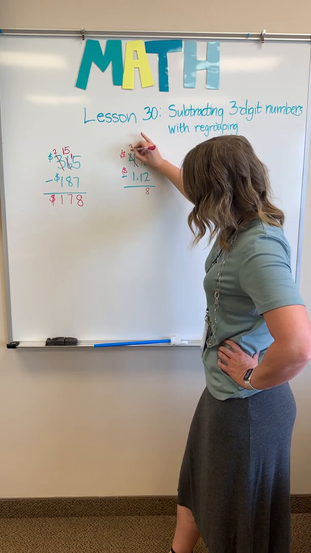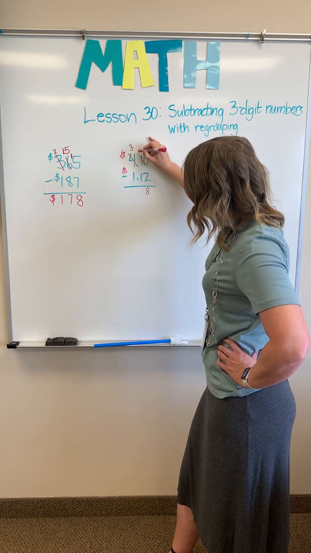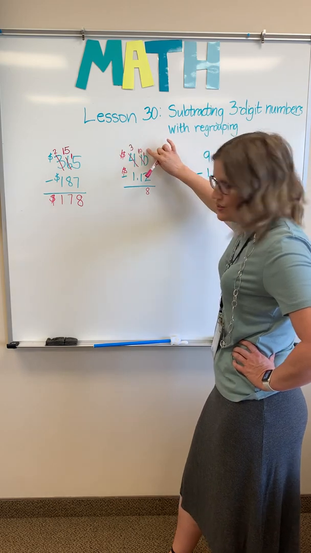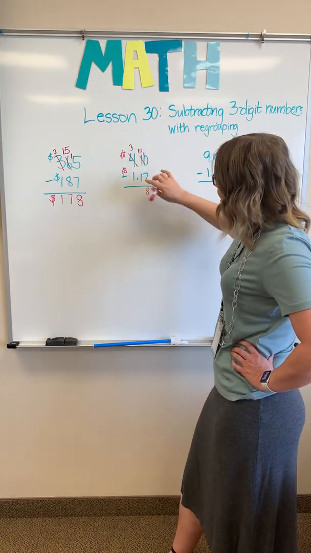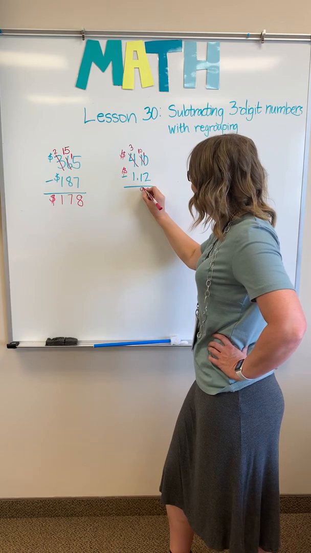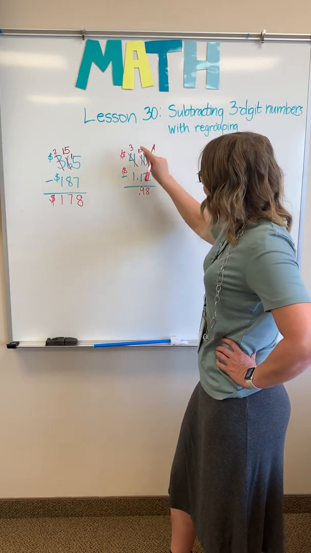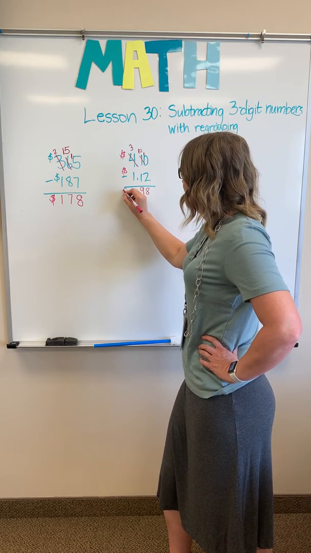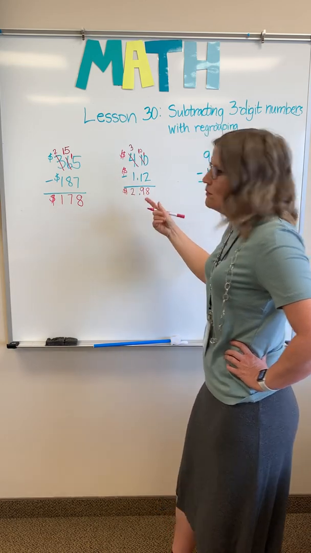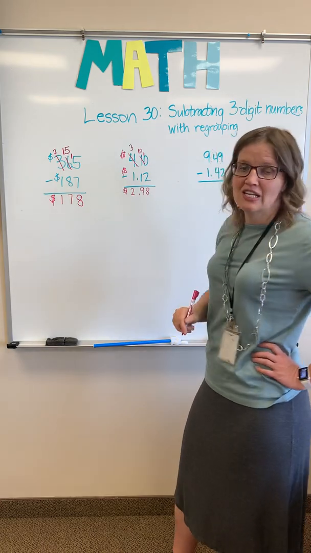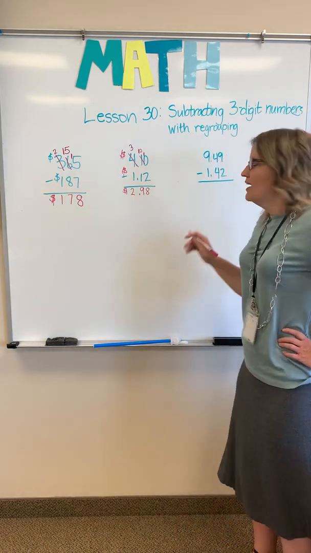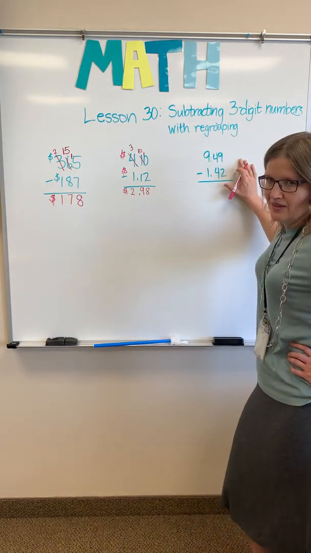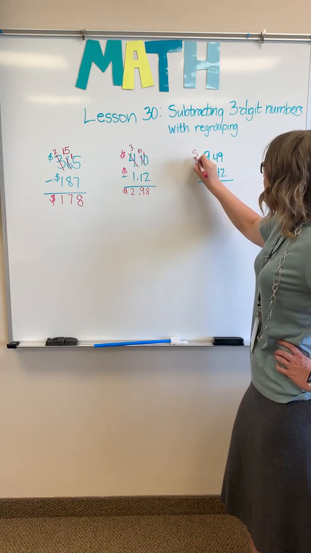We take our 3. We put our little 1 right there. If you can see, there's a 10. Minus 1 is 9. And then 3 minus 1 is 2. And Olivia finds herself having $2.98.